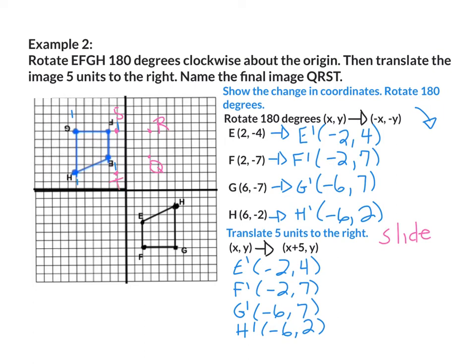Now I'm going to go ahead and connect the dots. And since this is my final image, which is my answer, I'm going to go ahead and shade it in.